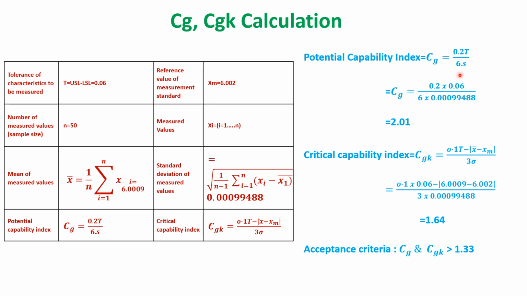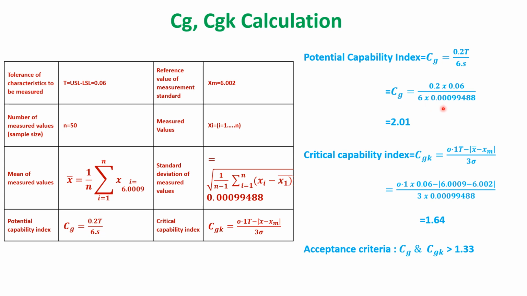Here the denominator is the same, but the tolerance is reduced by 20% because 10% is the thumb rule. Out of the total tolerance, I will allot for the gauge error 10% on the left side and 10% on the right side. That's why it is 20%. So the meaning of this 20% is that the tolerance is allotted for the gauge error.